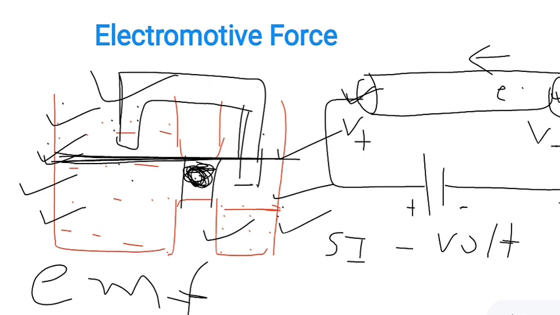Generally we define EMF as the ability of a source of current. Source of current means cell, battery, generators. Okay, so these are the sources of current.